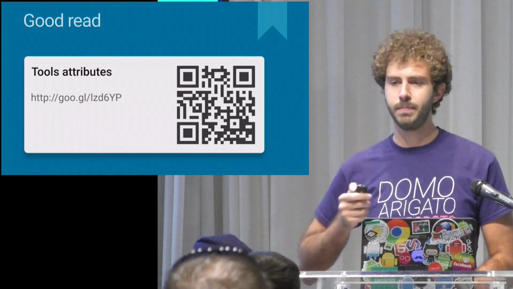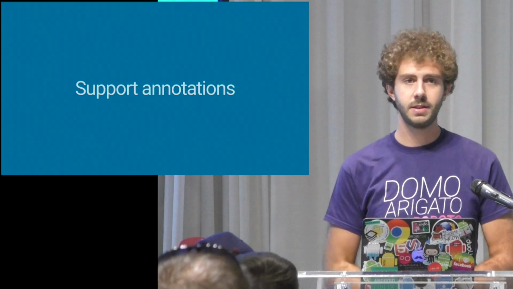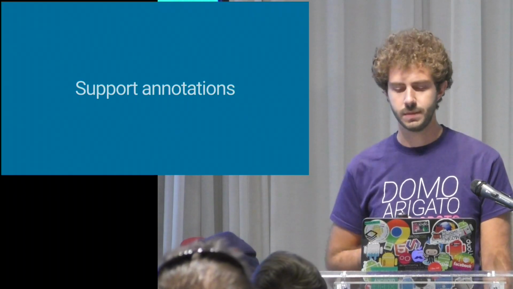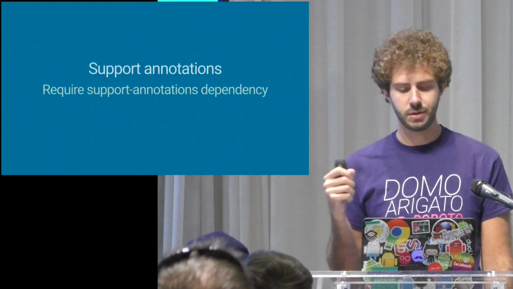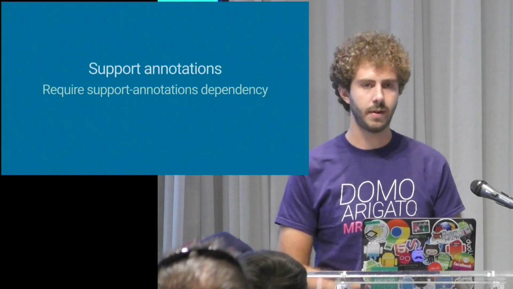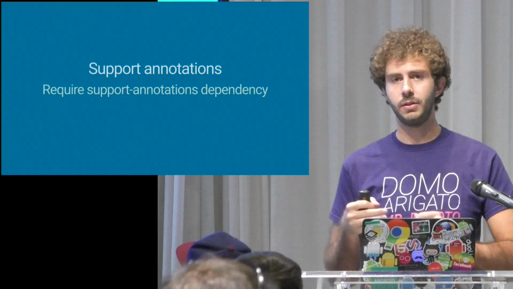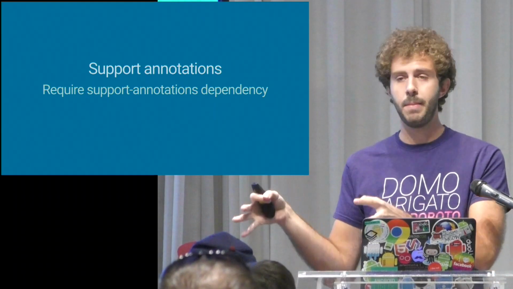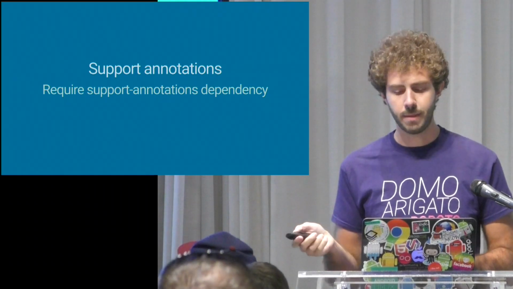Now let's move back to Java. And in Java, we can use another thing, a really cool thing, which is the support annotations. Support annotations have been introduced in the support library starting in version 19, if I recall correctly. You have to add them to your class path as a separate dependency because it's a separate member of the support library family.